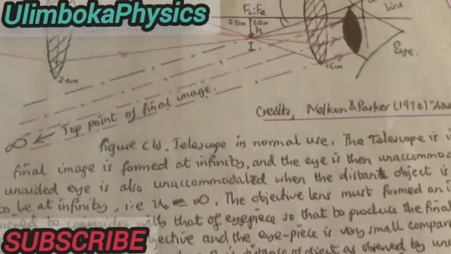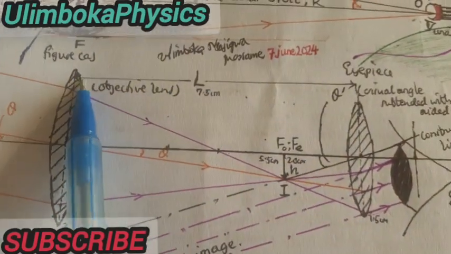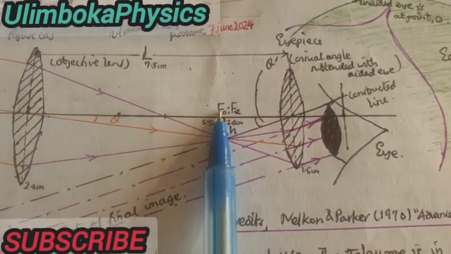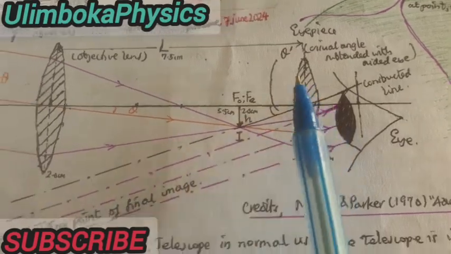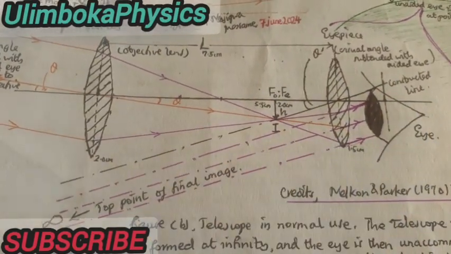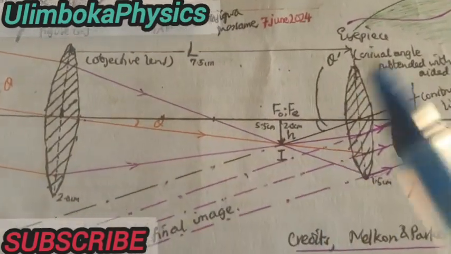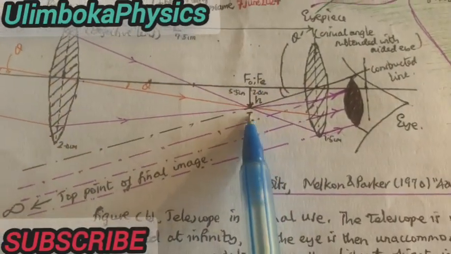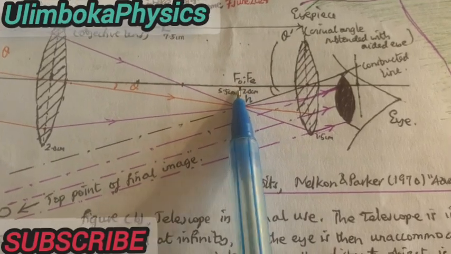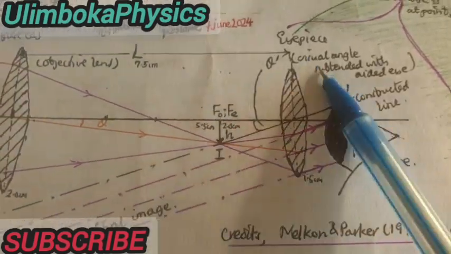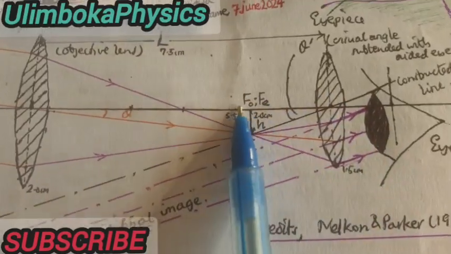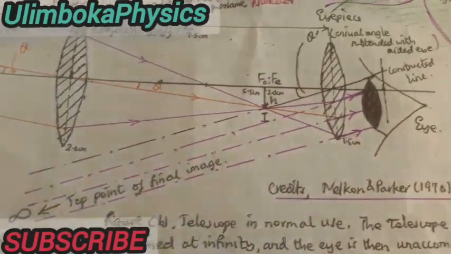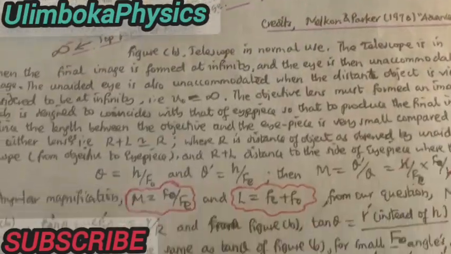The length L, the separation of the objective lens and eyepiece, is equal to the sum of the focal length of the objective lens plus the focal length of the eyepiece, for the condition of an image formed at infinity, or for the normal use of a refracting telescope. Remember, the image from infinity must form at the focal point of the objective lens, and this focal point coincides with the focal point of the eyepiece. The arrangement must obey this coincidence so that the final image is at infinity for normal operation of a refracting telescope.